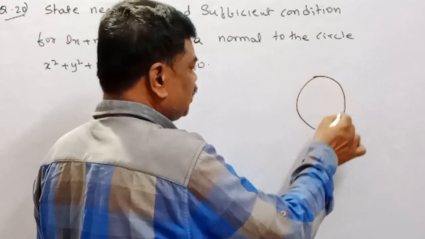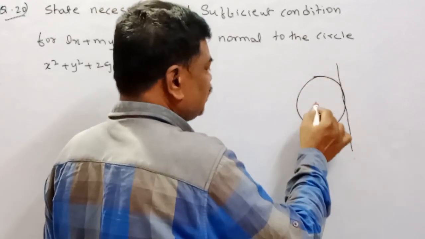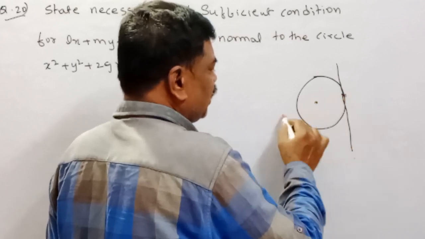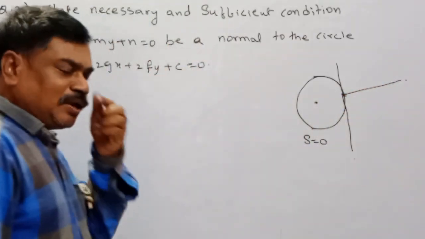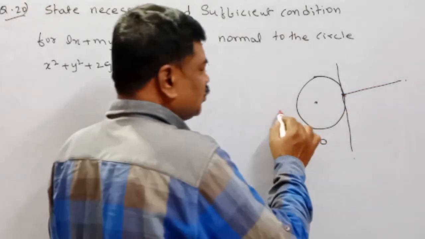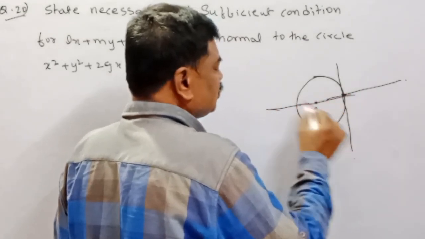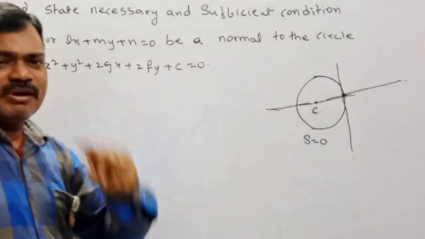Here you see, this is the circle, and this is the tangent to the circle. This is the circle equation S = 0, and this is the given normal. The given normal passes through the center of the circle. This is the condition.